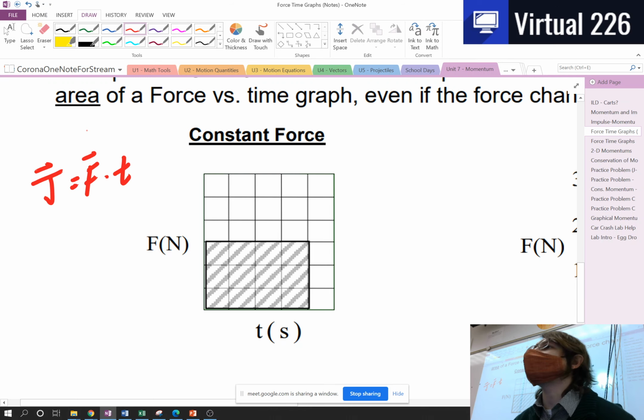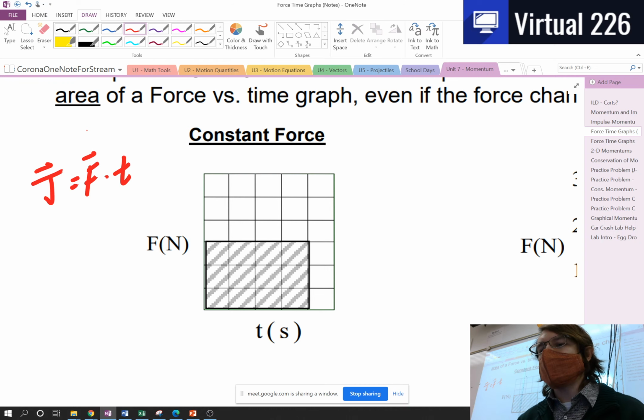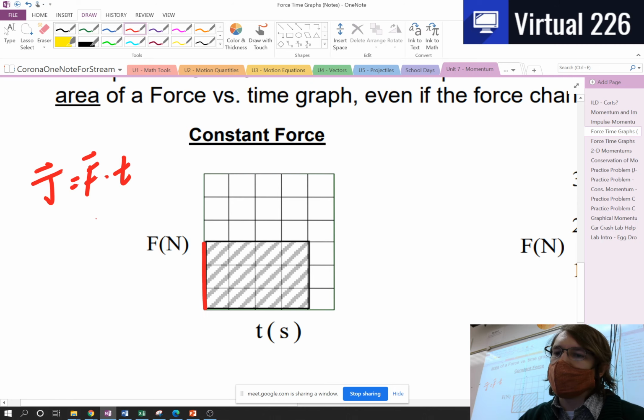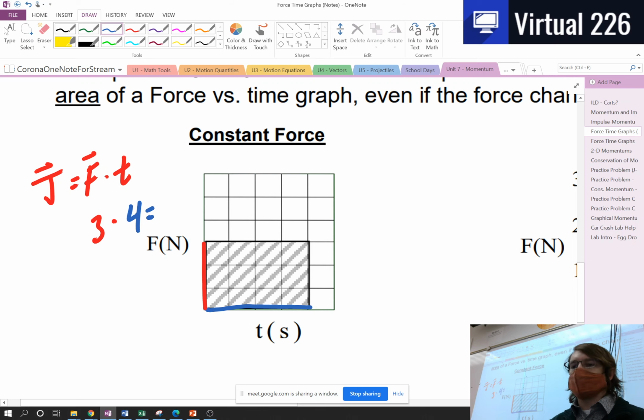And if we think about what multiplication means, all the way back from third grade when we were learning it, one of the things we saw is you're really setting up a grid or a table. If we were pushing on an object with a force of 3 newtons, and we pushed on that object for a time of 4 seconds, you could say, hey, 3 times 4 is 12.